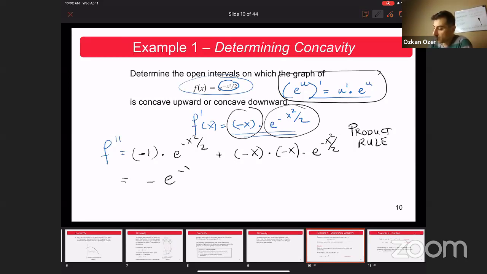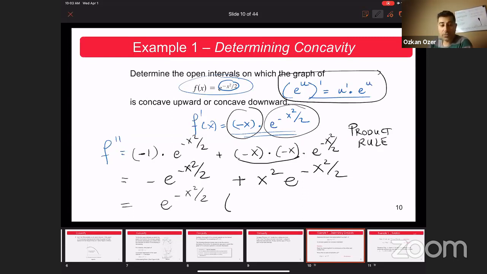This is minus e to the minus x squared over 2 plus x squared e to the minus x squared over 2. I can factor out e to the minus x squared over 2. In the first term, I have -1. In the second term, I have x squared. And this is, in fact, f double prime.